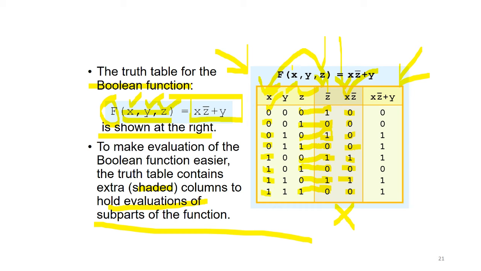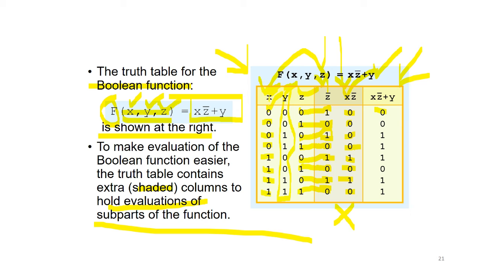X z bar should be added with y. Where is this y? Y is this much. Now that we have this y, it should be added up with this value. So this 0 and this 0 when added up together gives us a value of 0. Fine.